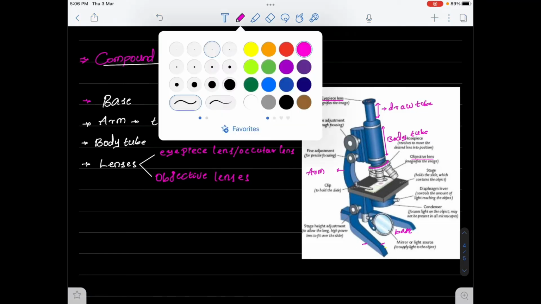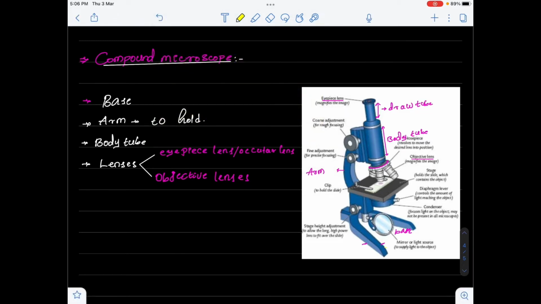Now let us see the magnification power of eyepiece lenses, which ranges from 5x to 10x, and 45x, whereas the magnification power of objective lenses also ranges from 5x to 10x.